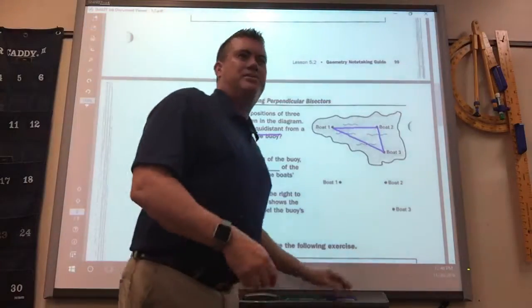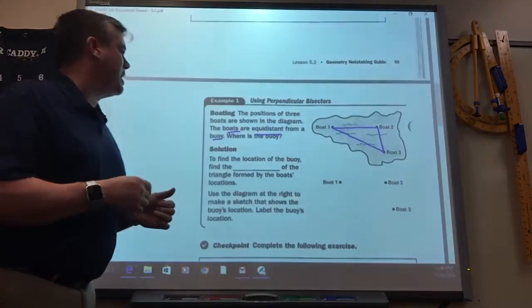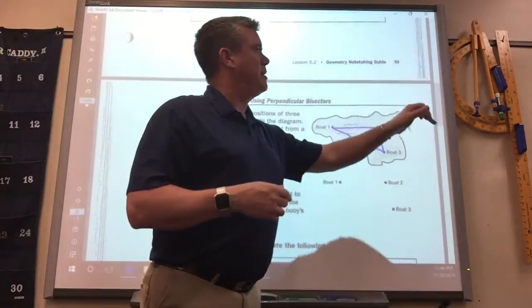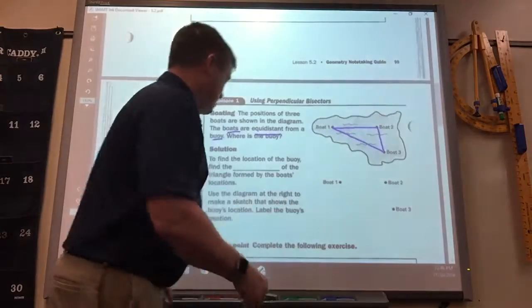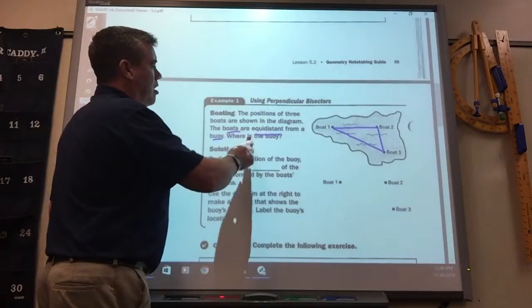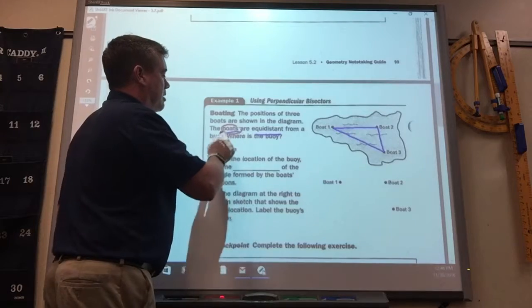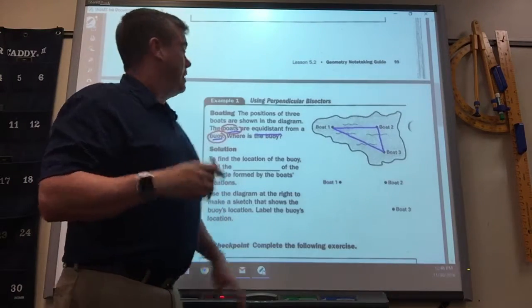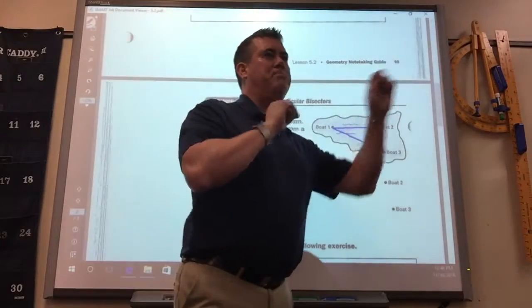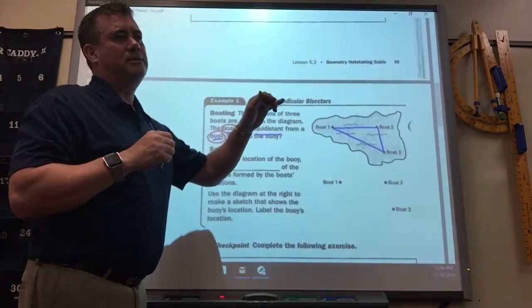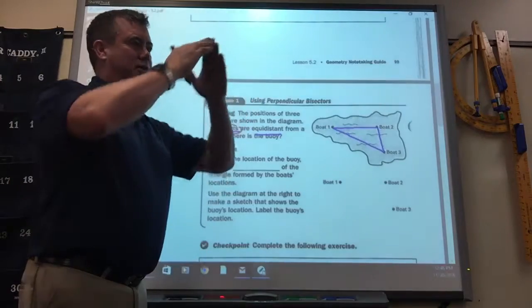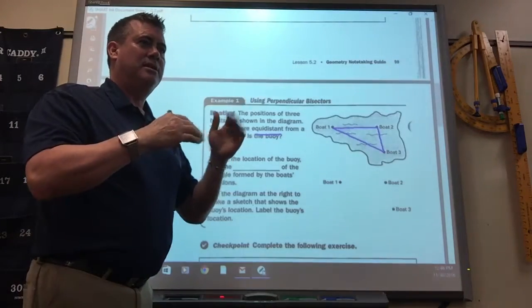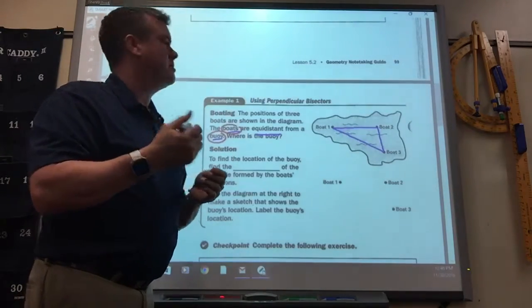Now, these are the types of problems where you got to decide, do you got to do the perpendicular bisectors or the angle bisectors? They're all equidistant, the boats are from the buoy. So you'd have to do the perpendicular. If it's the same distance from 3 points, it's the perpendicular. If it's the same distance from the actual sides, it's the angle bisectors.